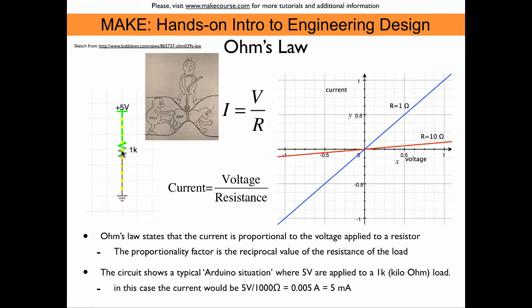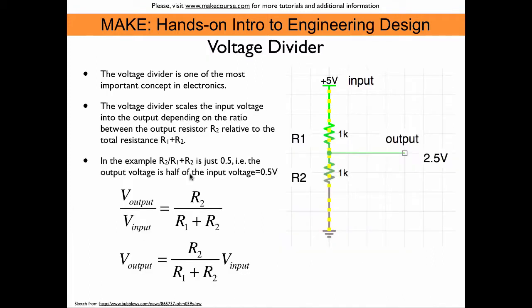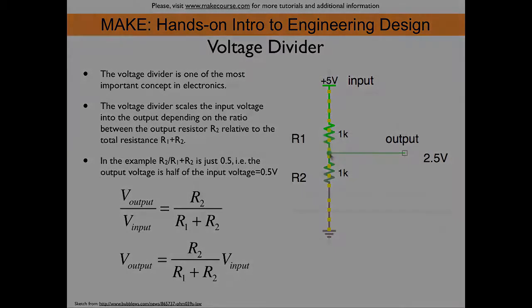And so by using two resistors that have the same value, we create a situation where half of the voltage is dropping here and the other half is dropping down here. That means in this voltage divider where both resistors have the same value, we get exactly half of the voltage at the output. If we change these resistors to different values, then of course we can scale the output voltage from 5 to 0.